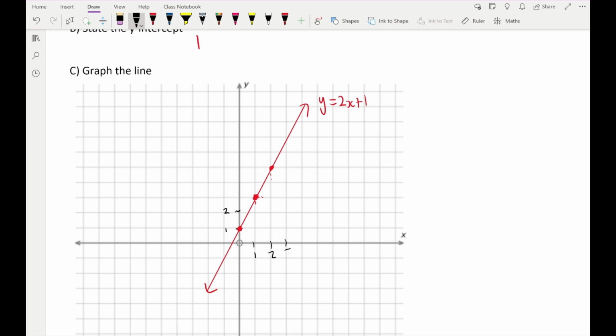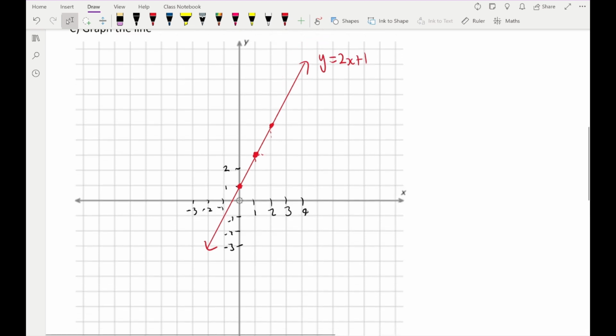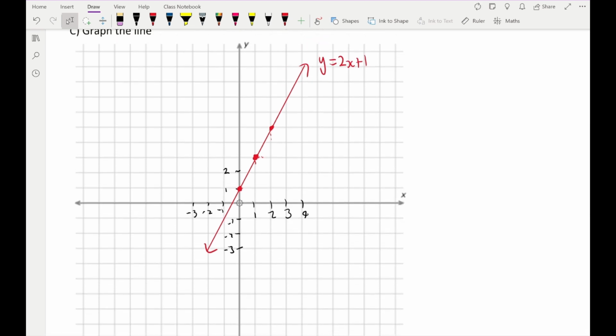So 1, 2, 3, 4. It wouldn't hurt to go down to the negative numbers, -1, -2, -3, just like that. Now you chuck the arrows on the end of your line to show that it does keep going on forever. They're really important, as well as the label. I will dock marks in a test if you forget some of that stuff, so it's really important.